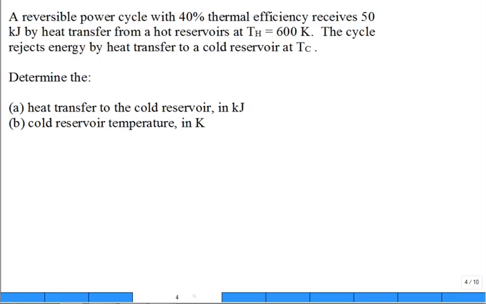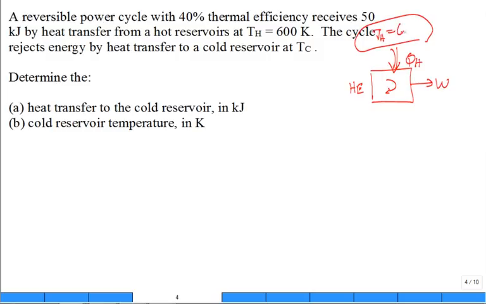Let's solve a problem. A reversible power cycle with 40% thermal efficiency receives 50 kilojoules by heat transfer from a hot reservoir at 600 Kelvin. Let's organize that information. I call it a heat engine because it's operating a power cycle. The purpose is to produce some work by bringing in some QH from some high temperature reservoir.